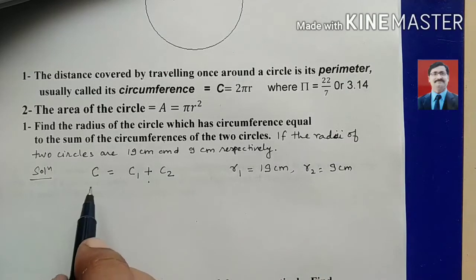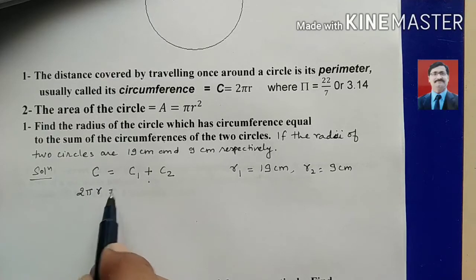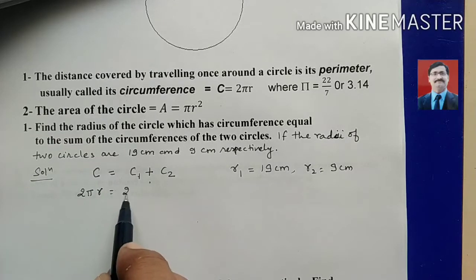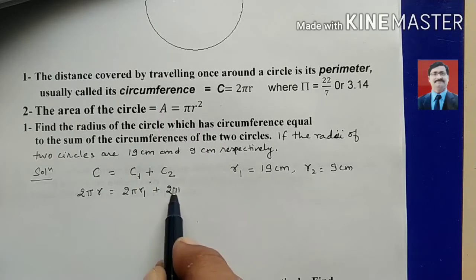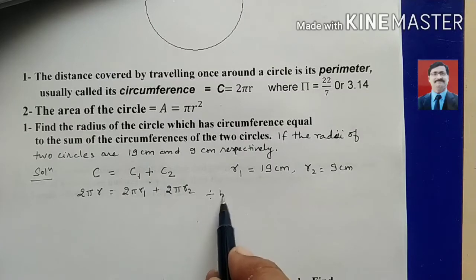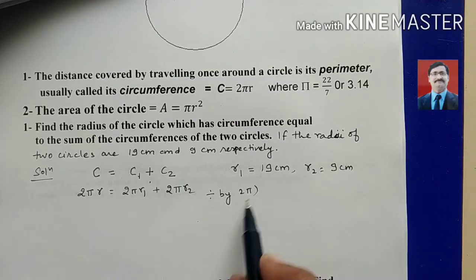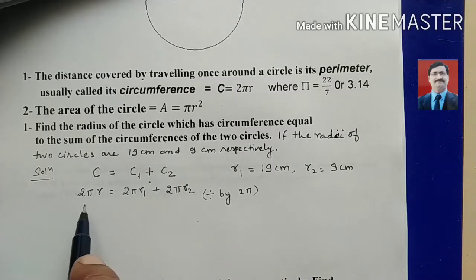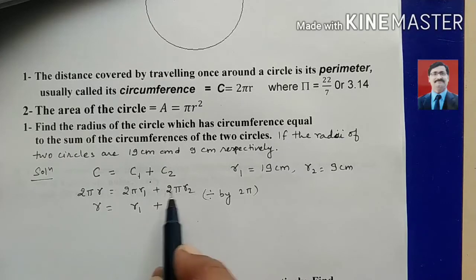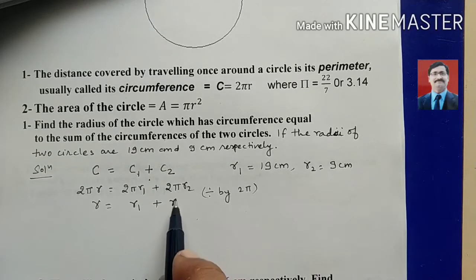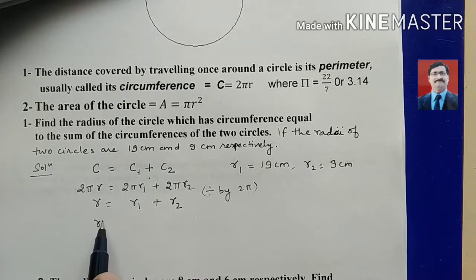Now the circumference of the required circle is 2 pi r, the circumference of the first circle is 2 pi r1, and the circumference of the second circle is 2 pi r2. Look here, we can divide all of these by 2 pi. Dividing by 2 pi we get r, r1, and r2.